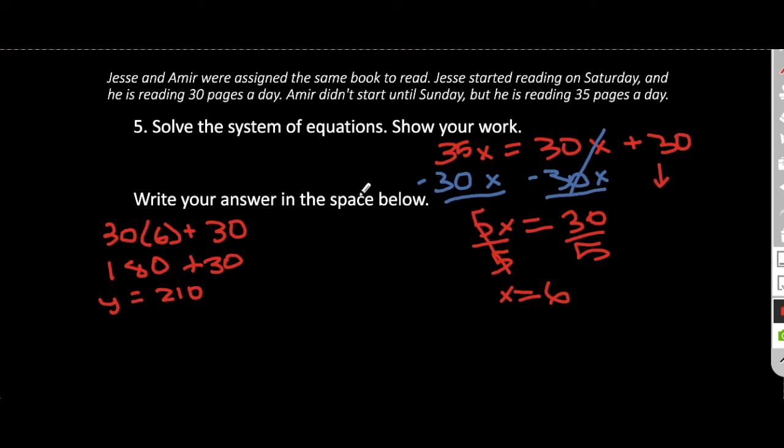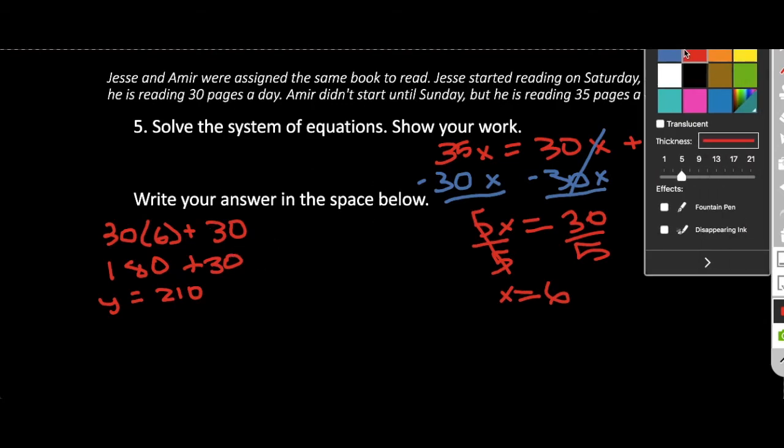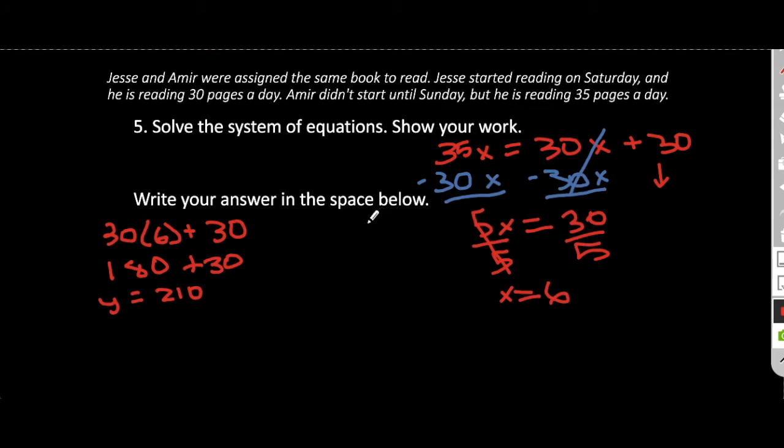Now let's plug that into both equations just to be sure. So I got 35 times 6. And if I multiply these, 5 times 6 gives me 30. 6 times 3 is 18.